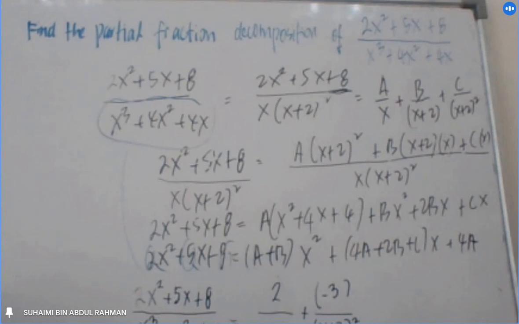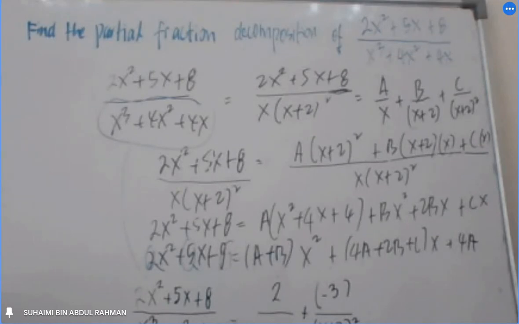For another part, we do not know. We cannot have 0 because they have the value. A has a value, C has a value. You get it?